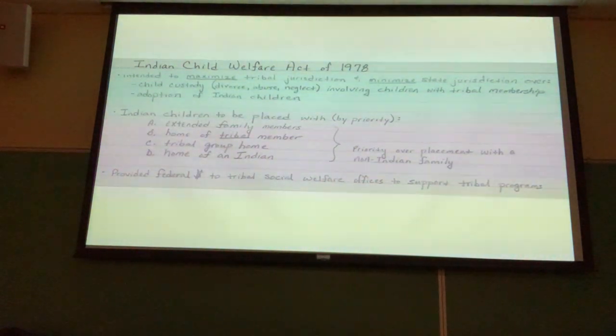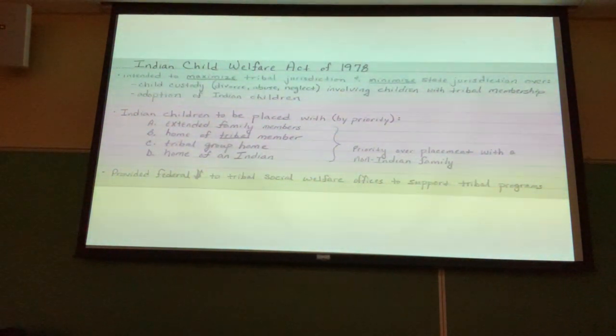But this apparently happened a lot back in the mid part of the 20th century. And what this intended to do was when American Indian children would be put up for adoption, that they must be adopted by American Indian couples, American Indian families.